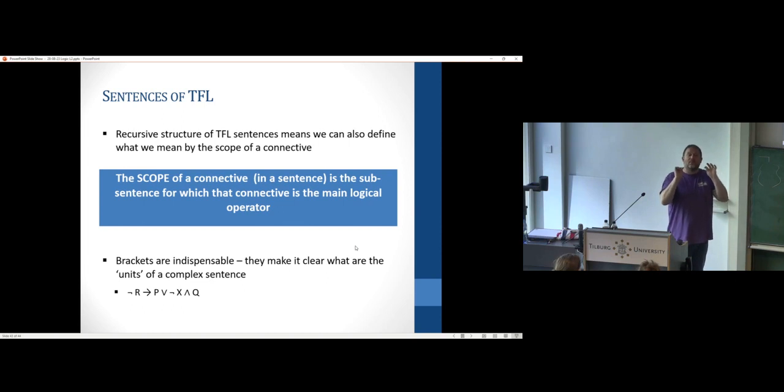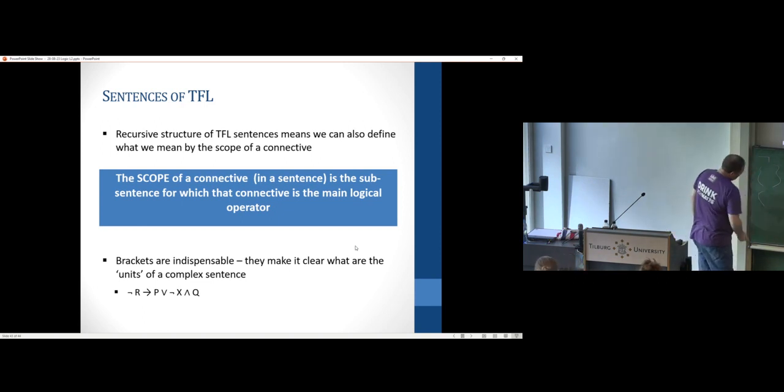That means something very specific, and we're going to talk about that in the second half of the course. But you can use angle brackets, square brackets, or the regular ones, whatever is easier to help you read the sentences. I do not mind at all.